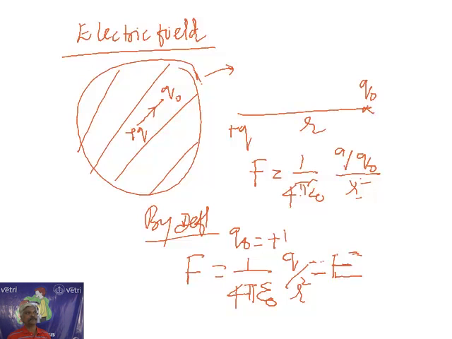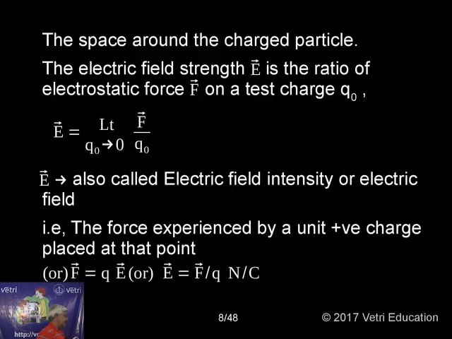The other charge becomes unity, because the definition itself says it is the force experienced by a unit positive charge placed at that point. Therefore, the test charge becomes plus 1, and F becomes E. The formula is E is equal to 1 by 4 pi epsilon naught, Q by r square. Very clear? This is given in detail here on the slide.